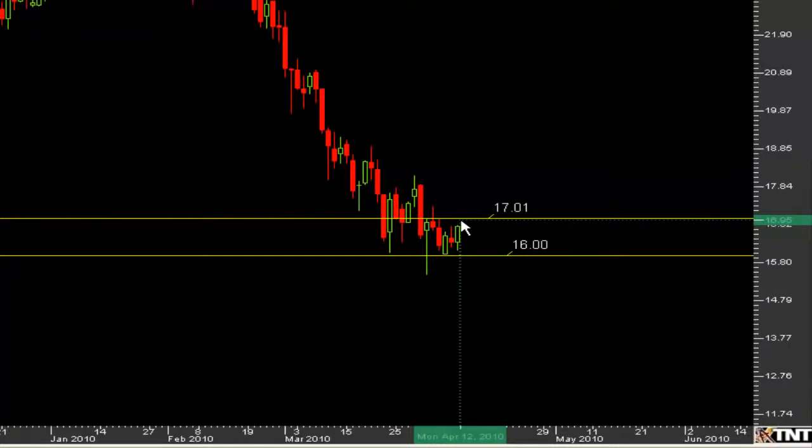So we have obvious resistance on the high and obvious support on the low for every single day that the market trades. So we know there's some resistance at 1679, which was Friday's high. If we get above there, then we will look to buy.